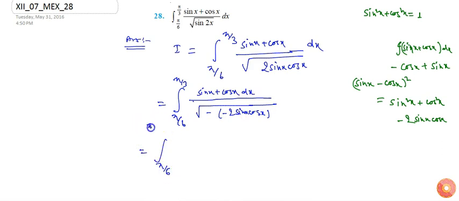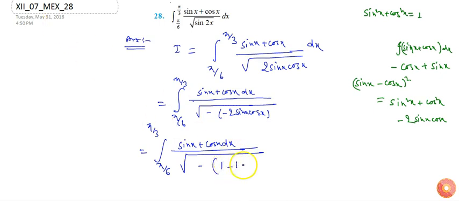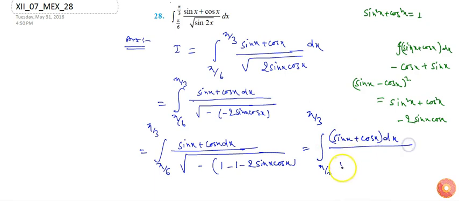So the integral from pi by 6 to pi by 3 of sin x plus cos x dx by root, since sin square x plus cos square x is 1, so if I write 1 plus 1 and minus 1, minus 2 sin x cos x, then I can replace it with... I just need 1 minus 2 sin x cos x to make the perfect square of sin x minus cos x.